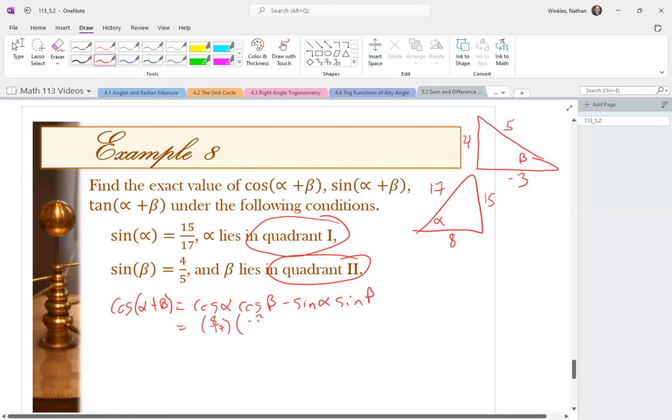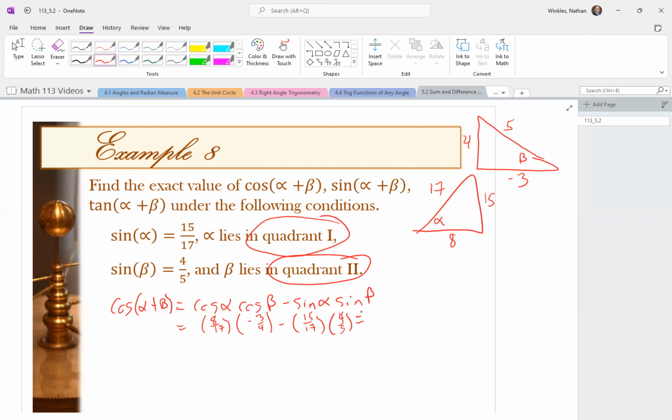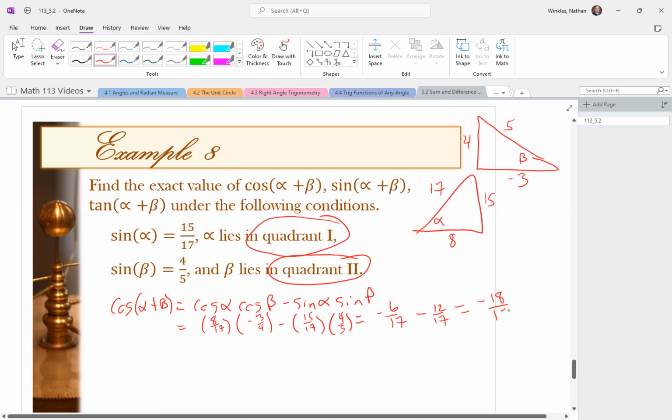Cosine beta is -3/5. Sine of alpha is 15 over 17. Sine of beta is 4 over 5. So we end up with negative 24 over 85 minus 60 over 85. So that gives me negative 84 over 85 is the cosine of alpha plus beta.